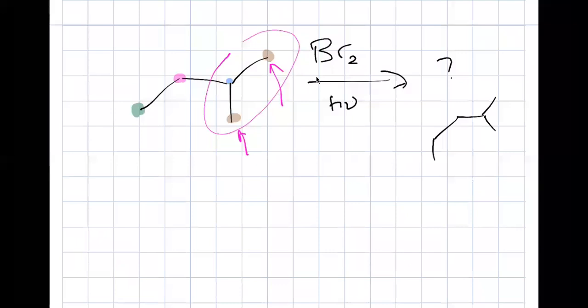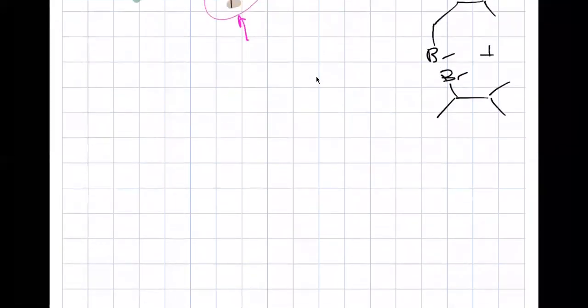I'm going to have this as a product, and it'll be plus that. And then I'll get plus that as a product, and then plus, I'm just going to put it down here, plus that.